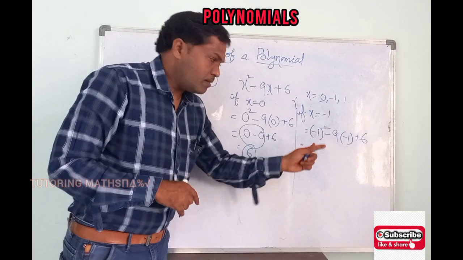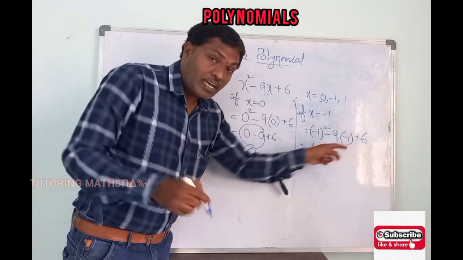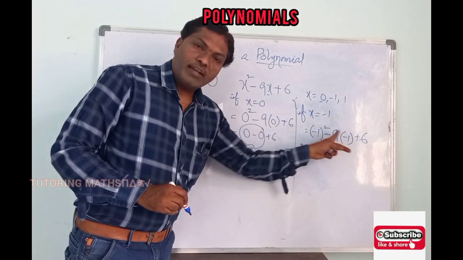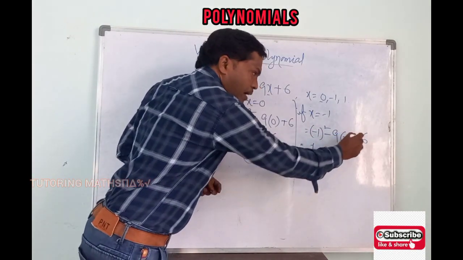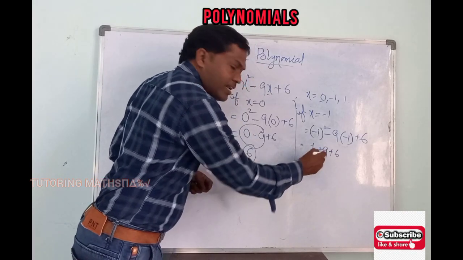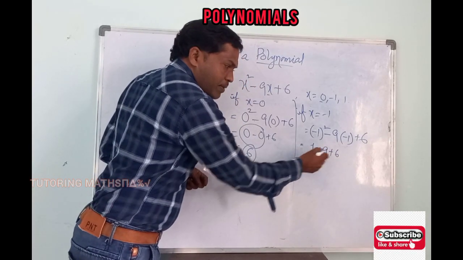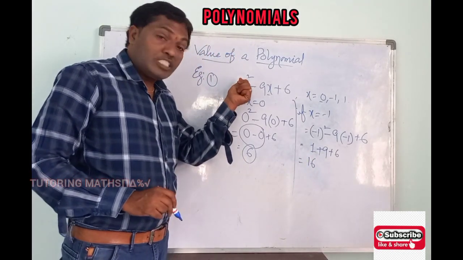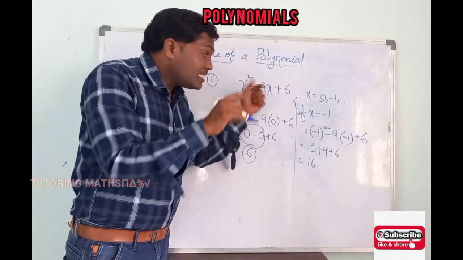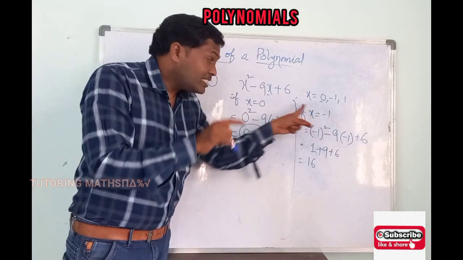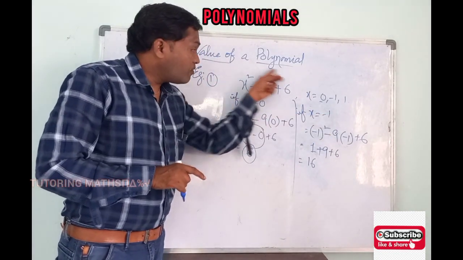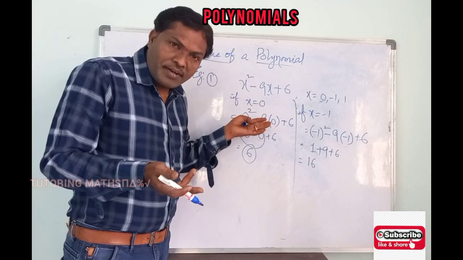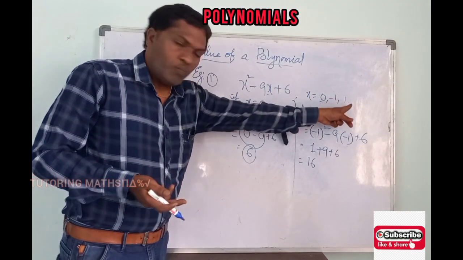Coming to the second term, minus into minus is plus, 9 ones are 9, and plus 6. Finally, 9 plus 1 is 10, 10 plus 6 is 16. So when x is equal to minus 1, the value of this polynomial is 16. In the same manner, you can substitute plus 1.